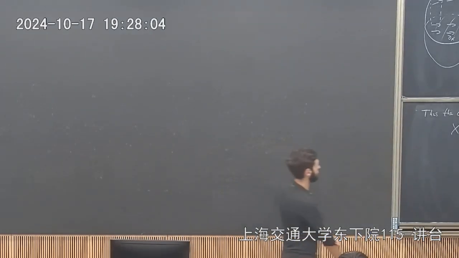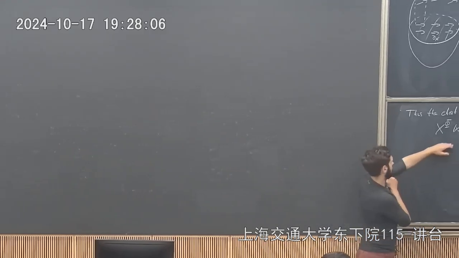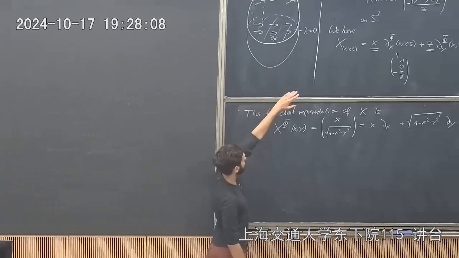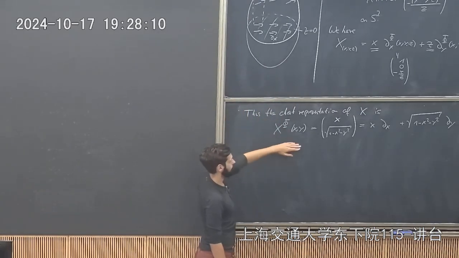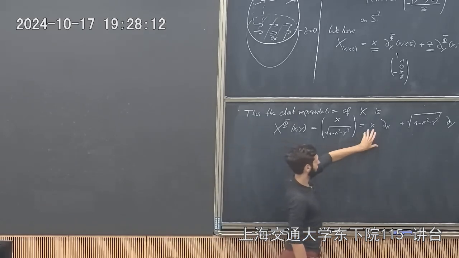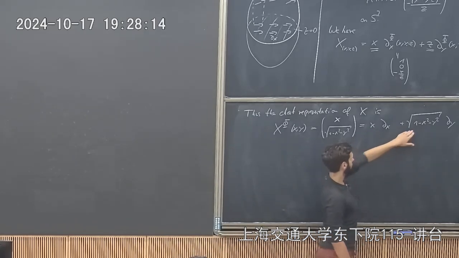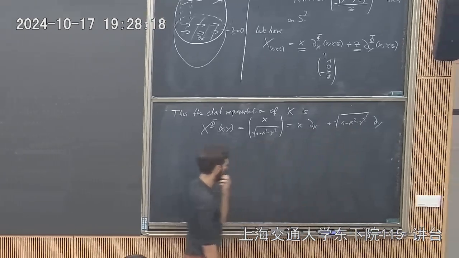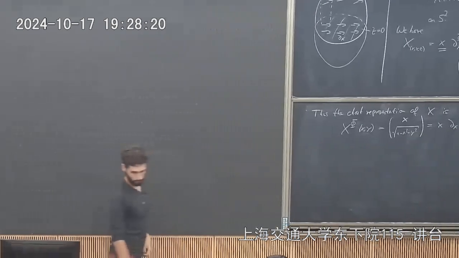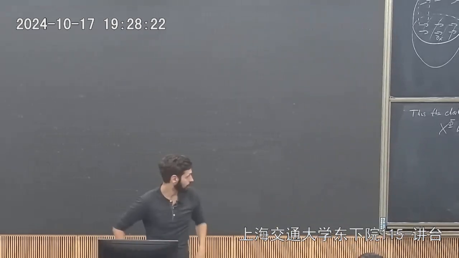So that gives you the chart representation of this vector field upstairs in terms of two functions, which are v1 and v2. So these are two functions on the open subset.